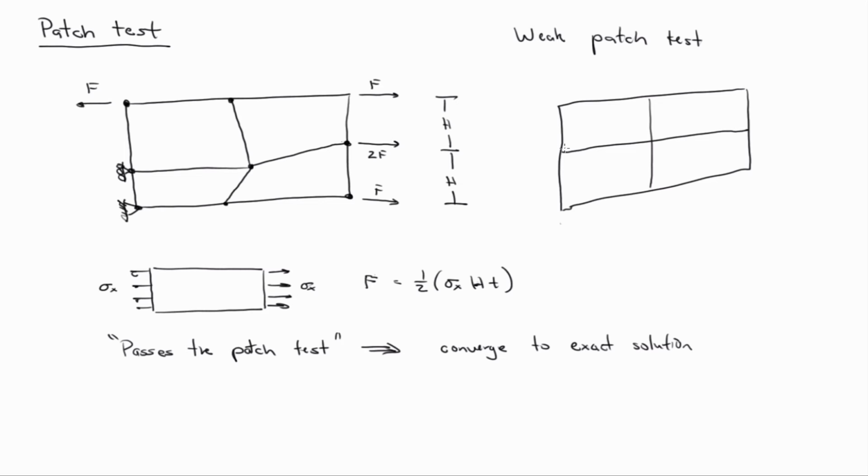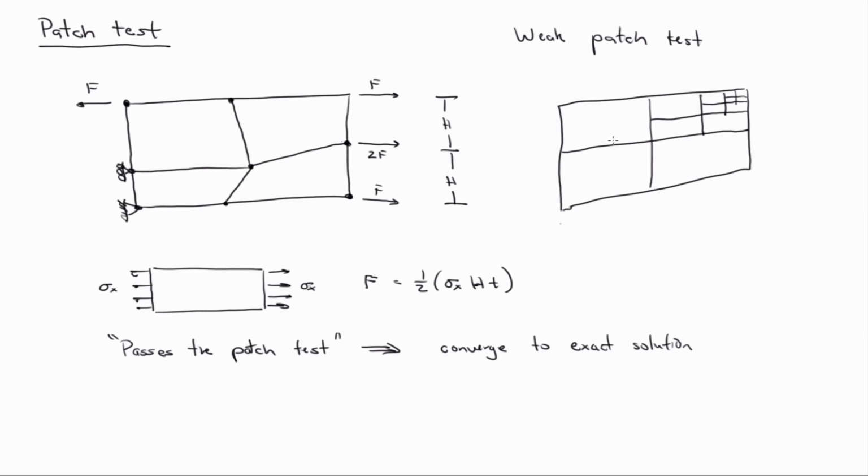And the reason for this is it usually also has to do with integration, because if I have some irregular formulation of elements at the beginning, as I refine them, they begin to look more and more like parallelograms, right?